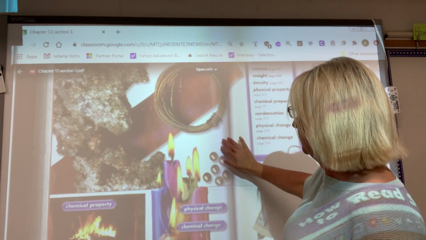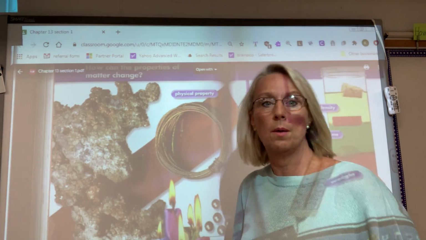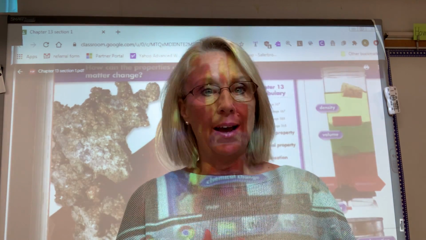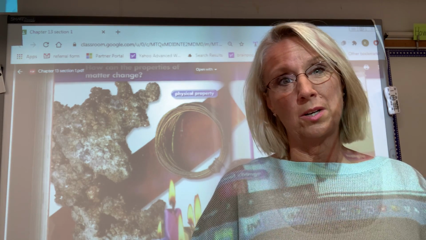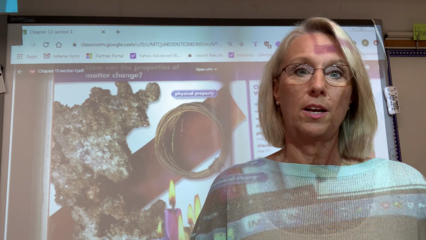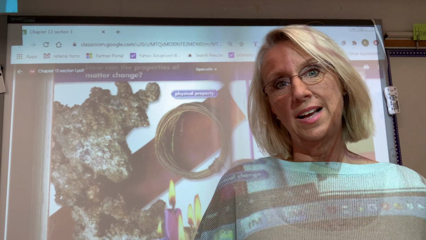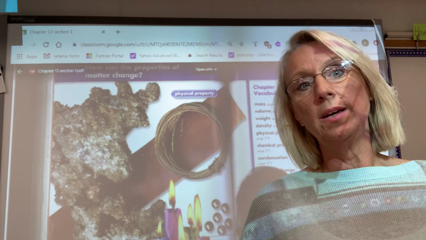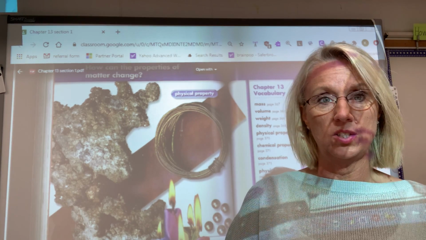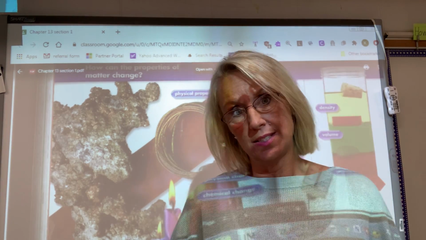I don't have enough textbooks to send home. I have what I consider a classroom set left, and we have to share them between Miss Frederick and myself. So this is kind of how we do it. I do have some runoff copies when we get ready to have a quiz or a test for kids who want to check those out to study.